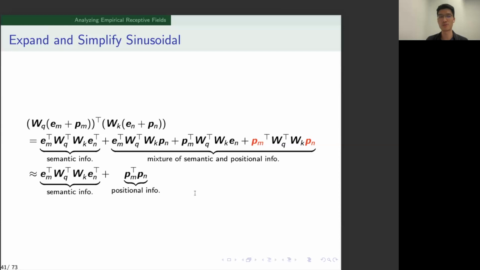I'm not 100% sure, but I believe so. If that's the case, it will be pretty challenging to use the kernel framework to analyze it, because the framework requires the first term, the first inner product, to be positive definite, and the second term to be conditionally positive definite. But rotary seems to violate this assumption. So yeah. That makes sense.